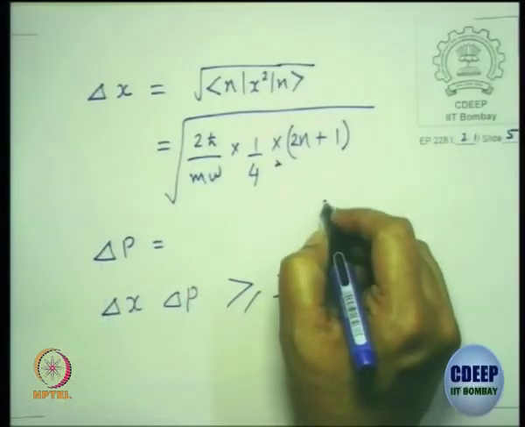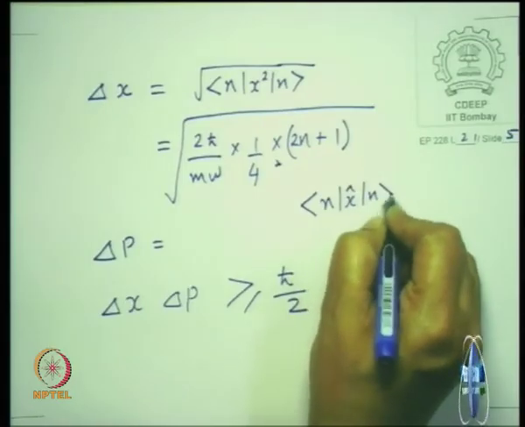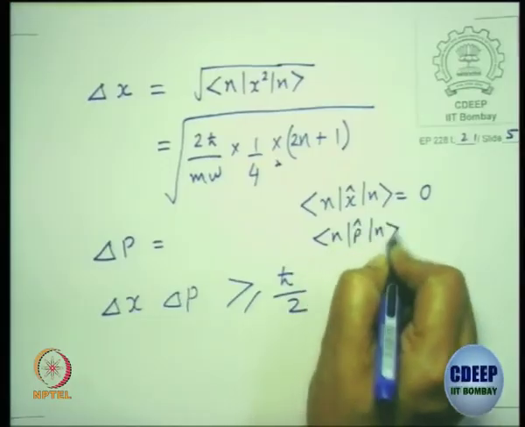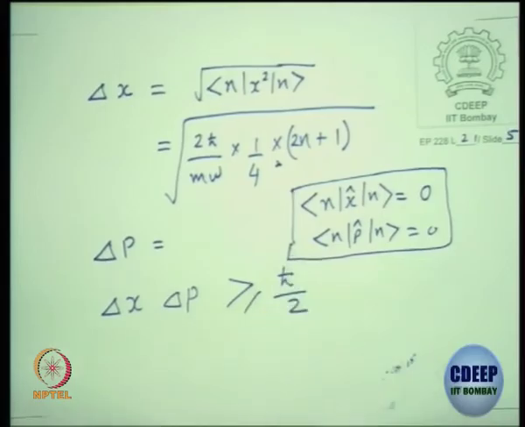So the only thing which is upsetting about these number operator states is that the expectation value of x operator is 0. Similarly, you can show p operator is also 0, which means there won't be any evolution of these matrix elements with time, right?